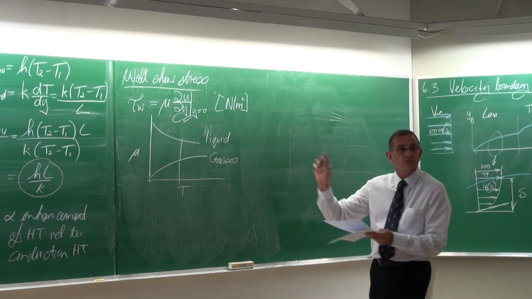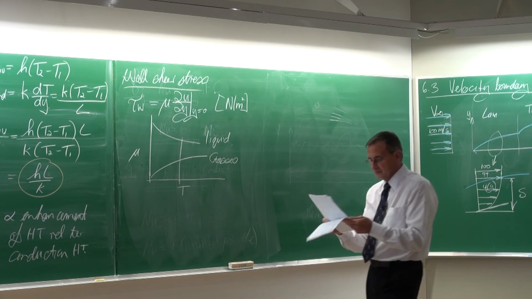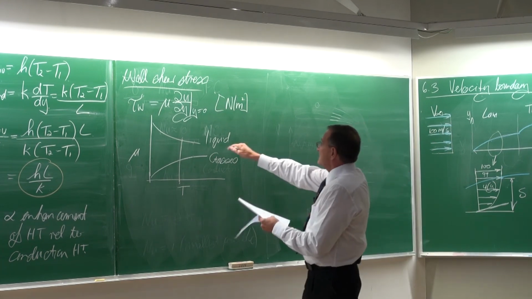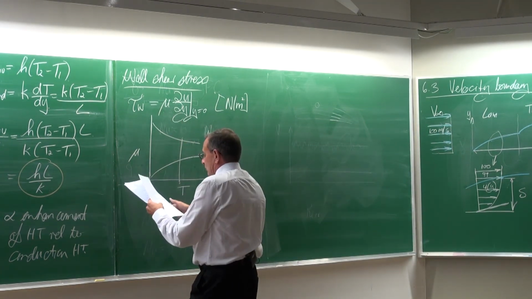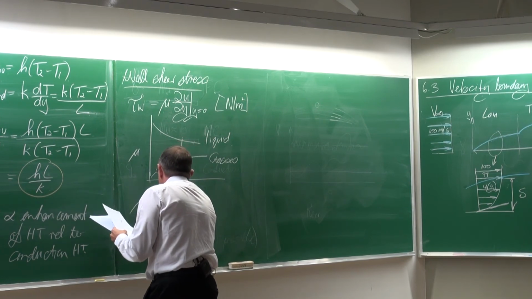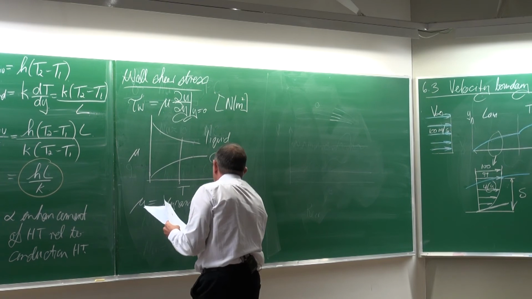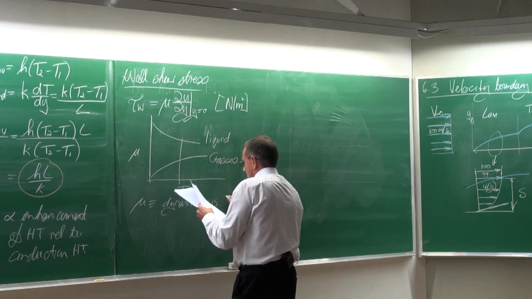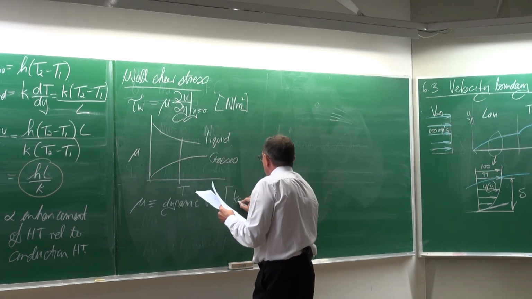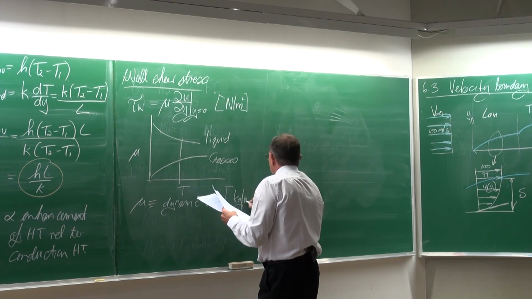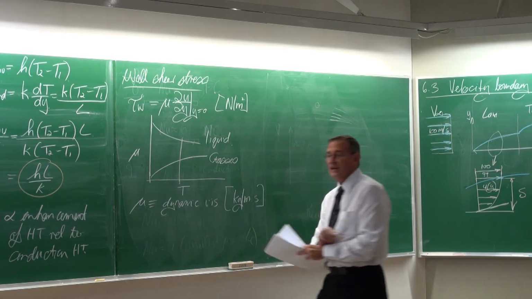Not always, but in many cases. Okay, so that is the viscosity. We also call it the dynamic viscosity, and its units are kilograms per meter second, something like that.